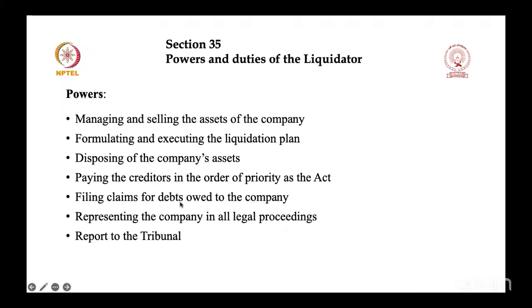Filing of claims for debts owed to the company. This is an important part. If you have watched all the sessions, heard me, and seen the case studies there, we have very clearly specified that wherever the corporate debtor is expected to receive sums of money from third parties, most of the time these sums are not recovered by the corporate debtor because they might be related parties or close associates from whom these sums of money should be received.